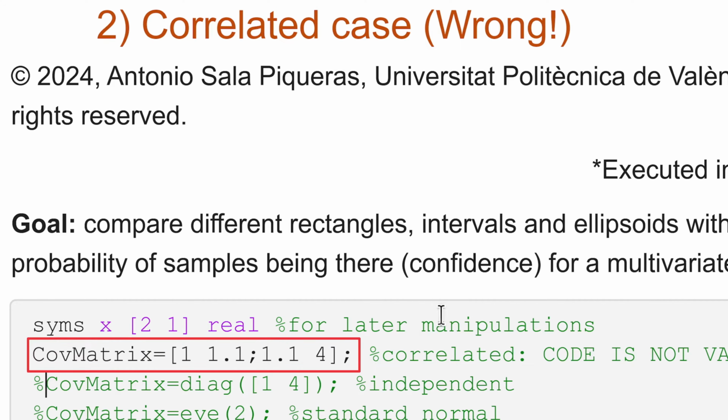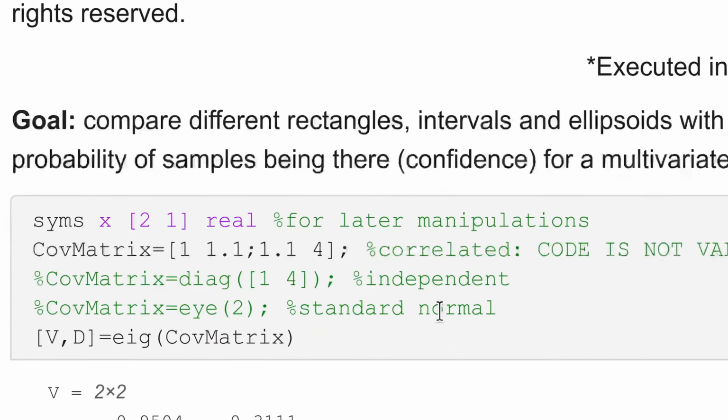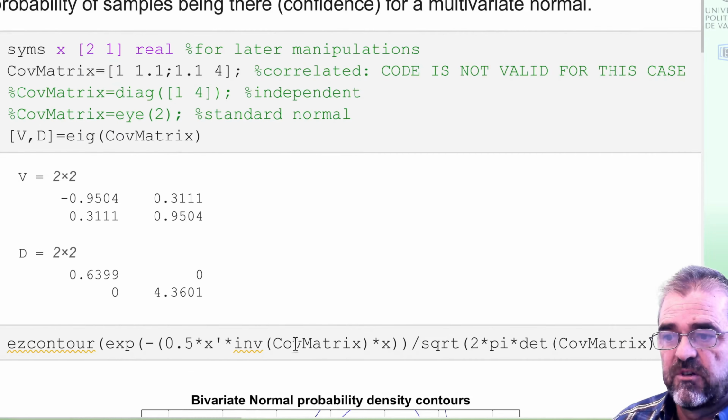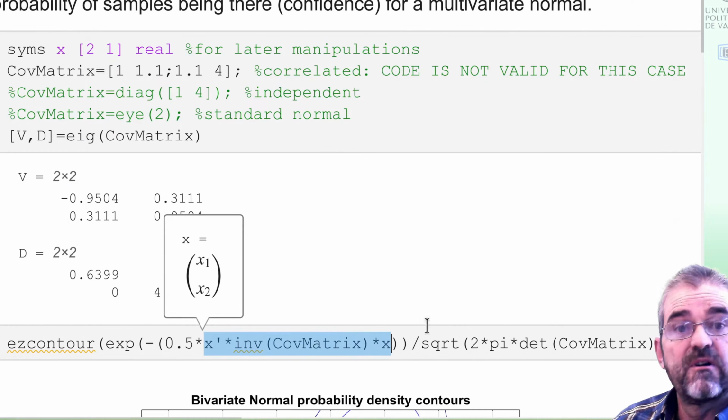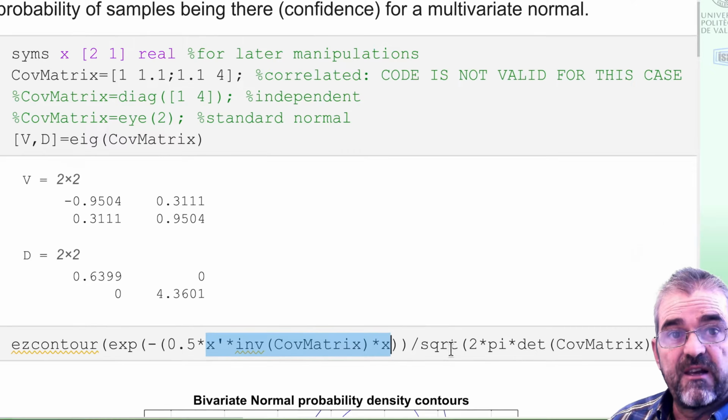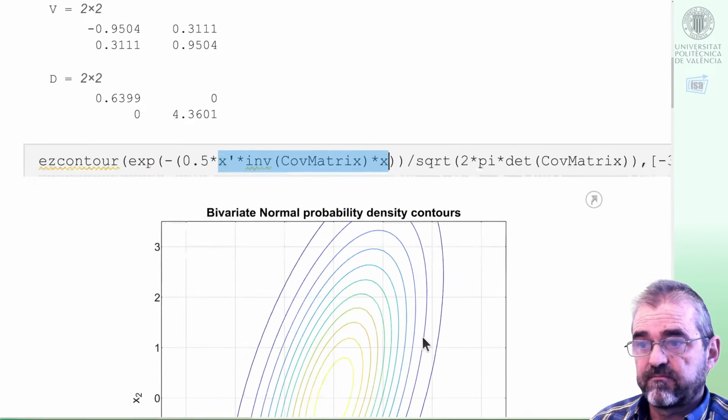In this case, this is a 2D normal variable in which the marginal variables x1 and x2 have some covariance, some non-zero correlation. If we consider this quadratic form, this will be an ellipse, but the ellipse will not be aligned with the axis.